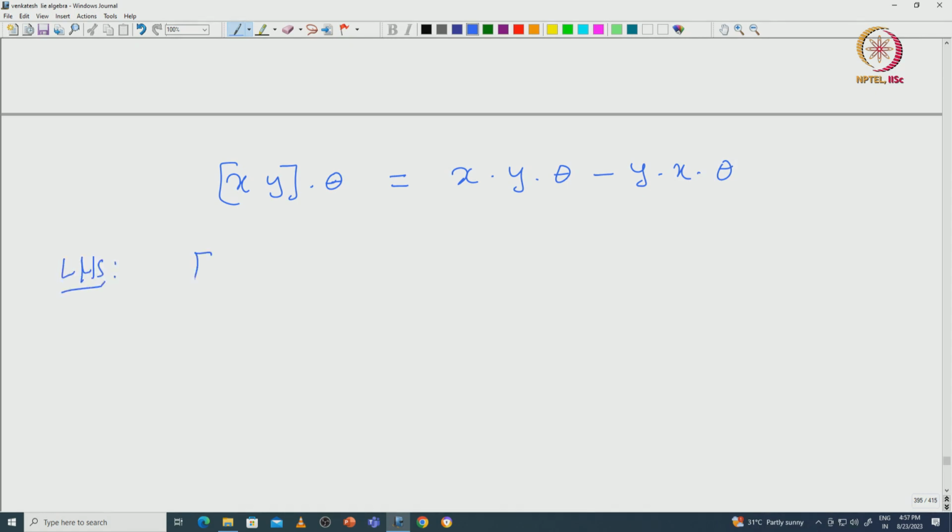In other words, what is on the left hand side? The left hand side is bracket x y applied on theta, and then you apply it on some vector v. Then you get minus theta of bracket x y acting on v.